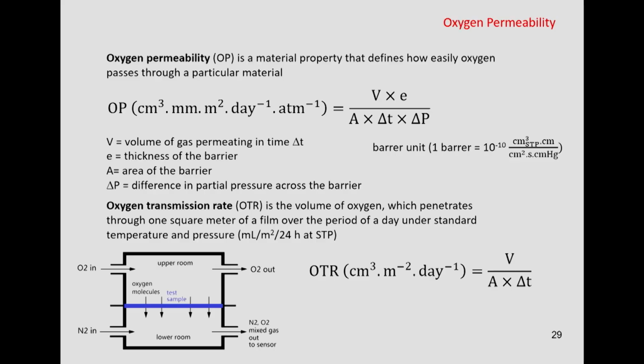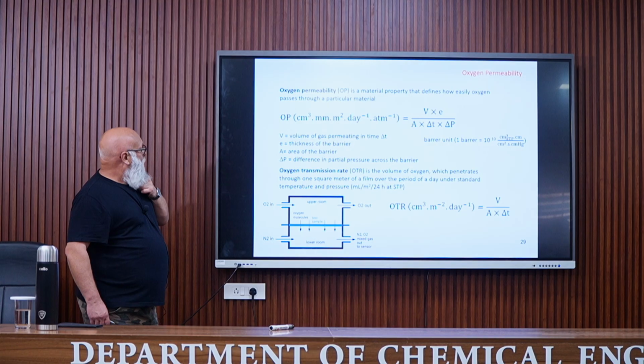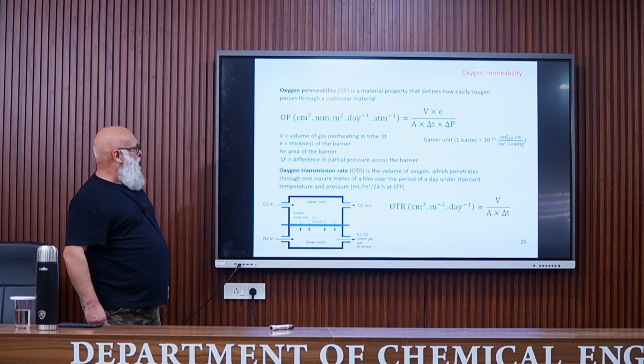Oxygen permeability, so again, it's important for packaging application. It is a material property that defines how easily oxygen molecules pass through a particular material. So it is defined by this equation, with V, the volume of gas permeating during a given time, E, the thickness of the film, R, the area of the film, again. Delta P is the difference in partial pressure across the barrier.